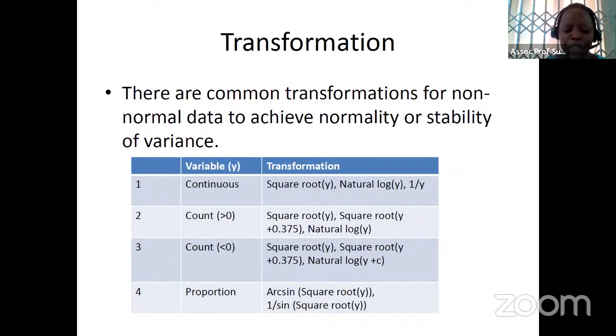Then if you have proportions, percentage of people who said yes, percentage of people who said no, you can either use the arcsine of the square root of Y, or you model the distribution of the data.